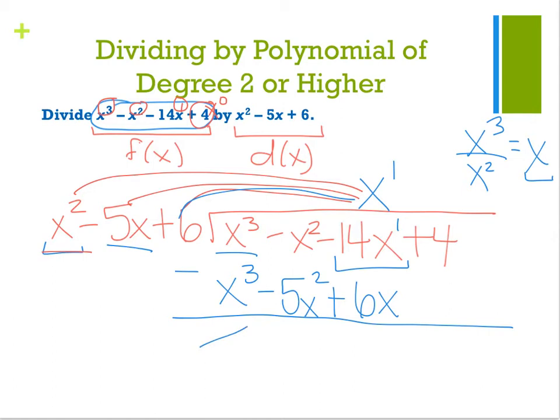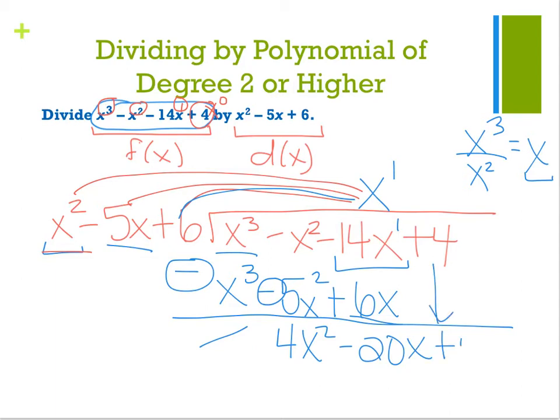Negative x squared minus negative 5x squared, we have a double negative here, so that's really like adding 5x squared. So we're going to end up with a positive 4x squared there. And then we have negative 14x minus a positive 6x, which is negative 20x. And we're going to carry down the positive 4. And we're going to start the process all over again.